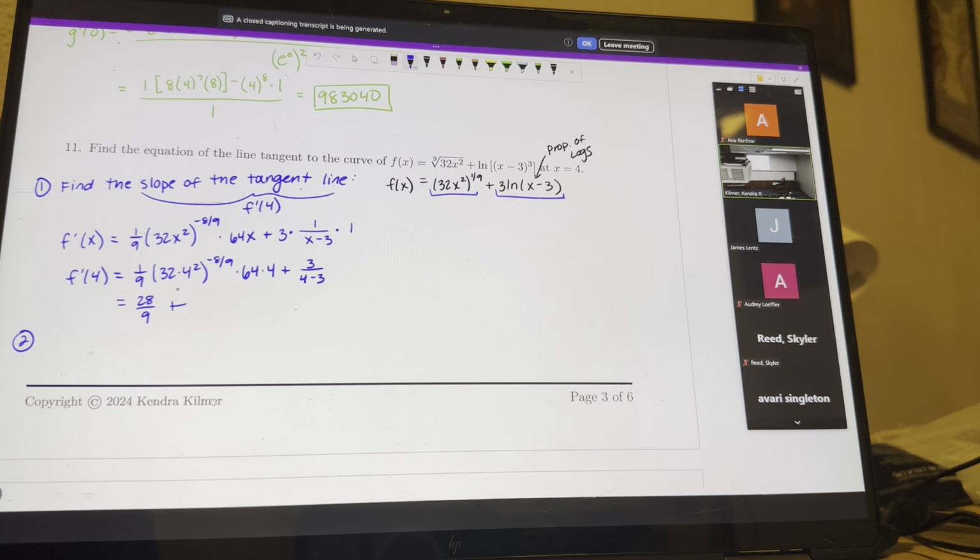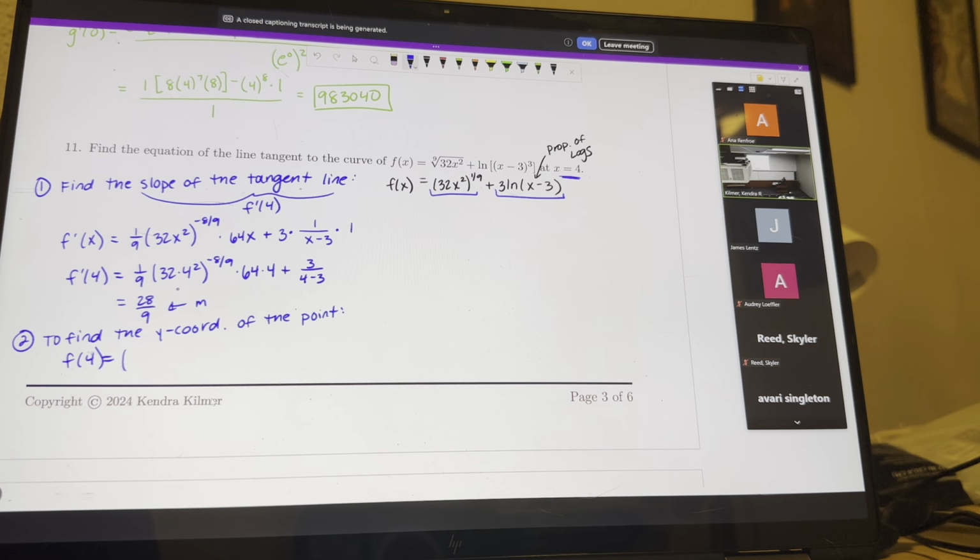This is our slope, this is our m. So we're going to plug x equals 4 into the original function. To find the y-coordinate of the point, we need to find f of 4.